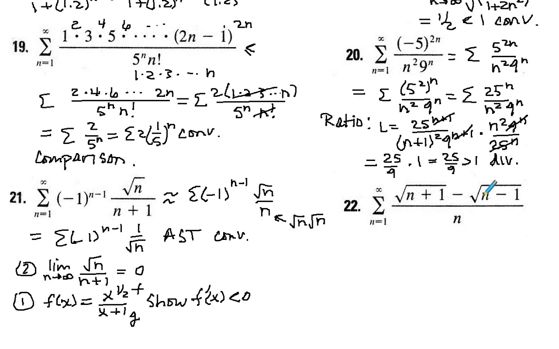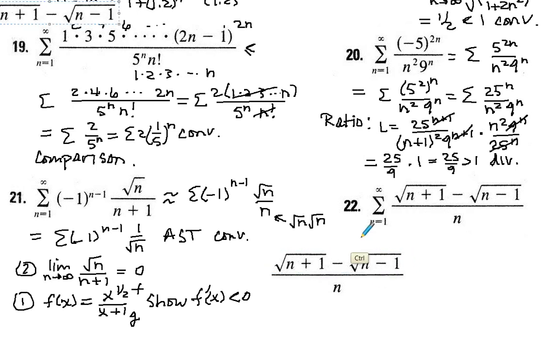And the way that you do that is by multiplying by the conjugate. So you would take this whole thing and you would multiply the top and the bottom. So let me take this guy and just bring it down here. And what they want you to do is multiply the top and the bottom by the conjugate.